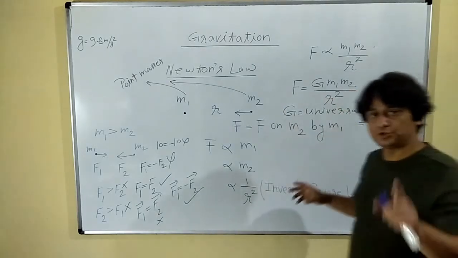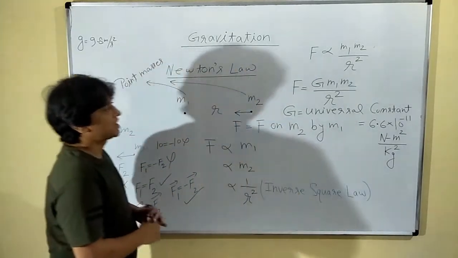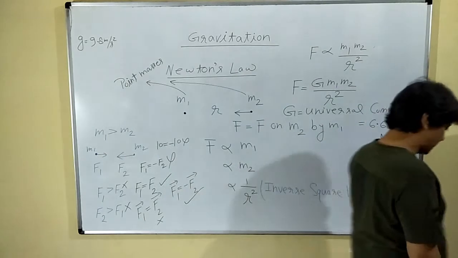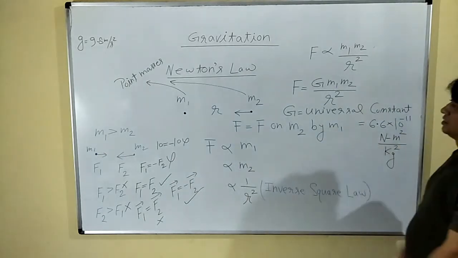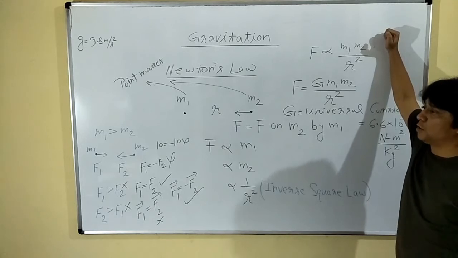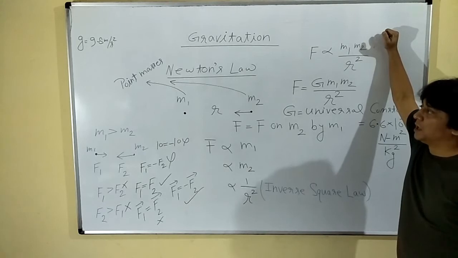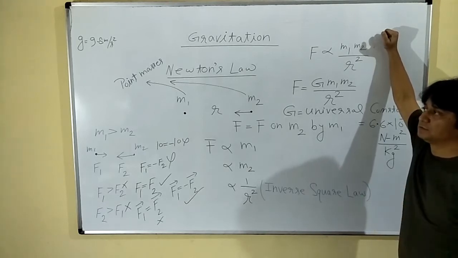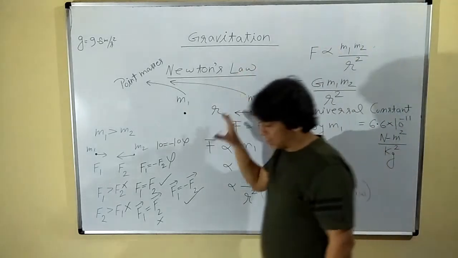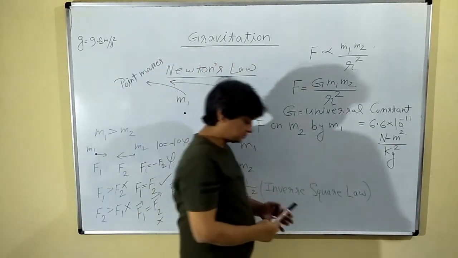F equals to G m1 m2 upon r square should be used only if both m1 and m2 are point masses.